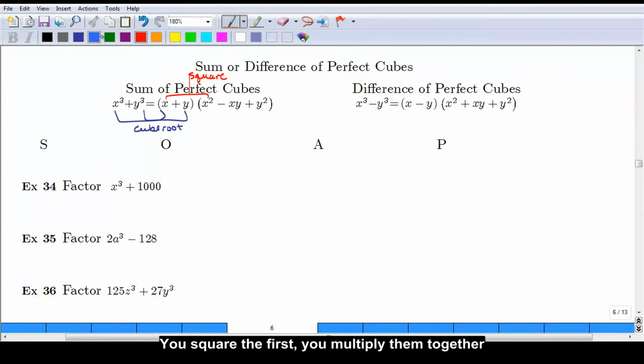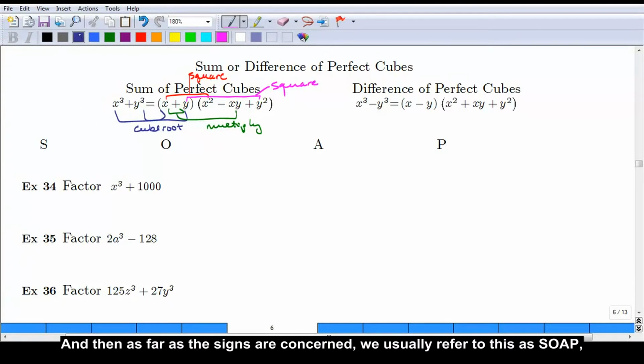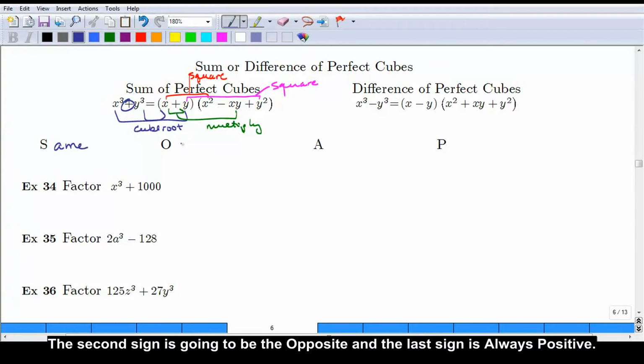You square the first, you multiply them together, and then you square again on the last one. And then as far as the signs are concerned, we usually refer to this as SOAP, meaning if you look at the original sign, then the first sign is going to be the same, the second sign is going to be the opposite, and the last sign is always positive.